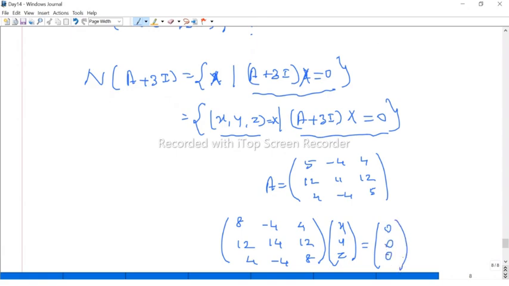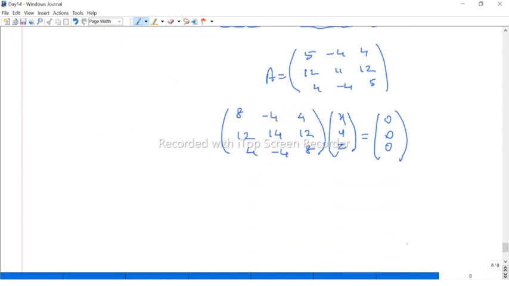Now we have to find the solution. It is very difficult to find the solution directly. Therefore, we have to reduce this into row reduced echelon form. Anyway, we can interchange the third row and the first row. So I change the rows: 4, minus 4, 8, then 12, 14, 12, and 8, minus 4, 4.